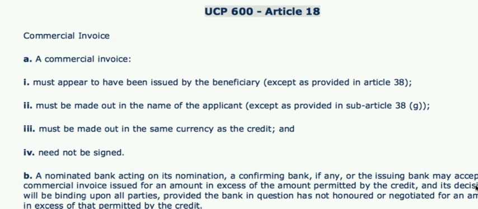It is very simple: it must appear to have been issued by the beneficiary, because the commercial invoice is issued by the beneficiary when he prepares the goods. The goods are ready and he transports them, so before transporting he prepares a commercial invoice: this is the cost, this is the price, these are the taxes, all these things.